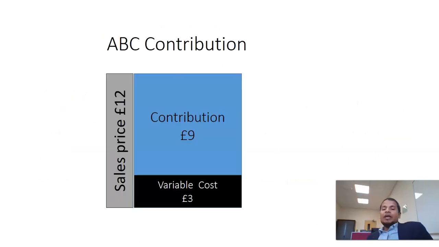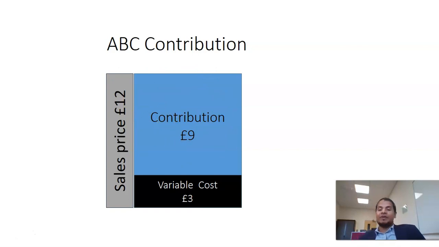In the case of ABC, the sales price is £12, and a part of the sales price is contribution, and another part is variable cost. Say up to here is variable cost, and the remaining part is the contribution. This contribution is used to cover the fixed cost to be at the break-even point.